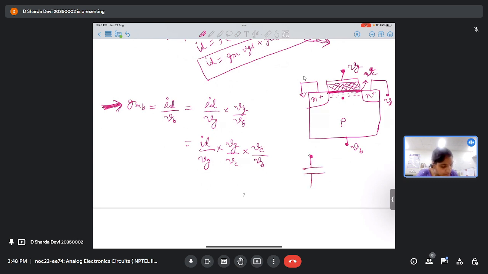This is a capacitor due to the oxide capacitance. This is VG. There is another capacitance coming into the picture because of channel formation, which is a depletion capacitance, due to depleted charges. Here we have VB. And as I said, VC is the surface potential, so it will come in between Cox and CD. This is clear?